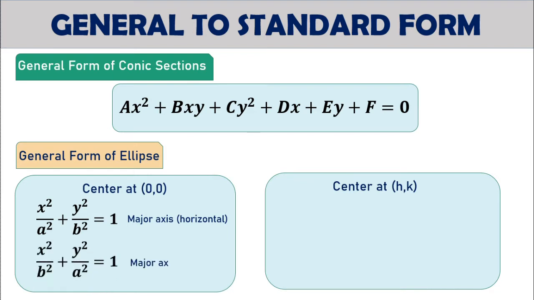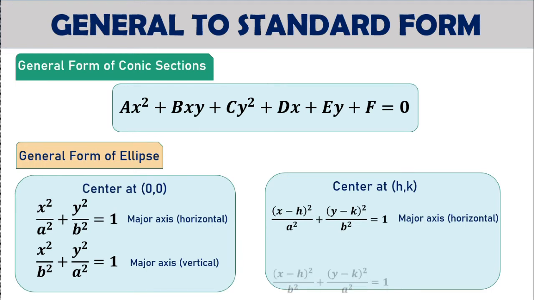Pag vertical naman ang major axis, interchange na lang natin. X squared over b squared plus y squared over a squared equals 1. Okay. Next, pag yung center naman is not in the origin. Ito yung formula. X minus h squared over a squared plus quantity y minus k squared over b squared equals 1 pag ang major axis is horizontal.